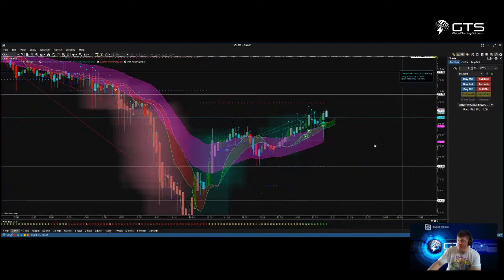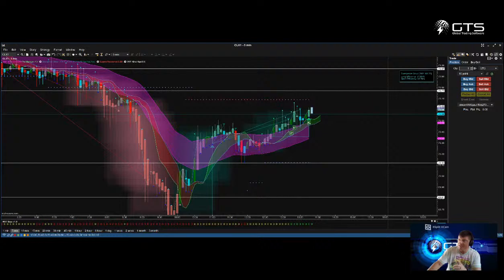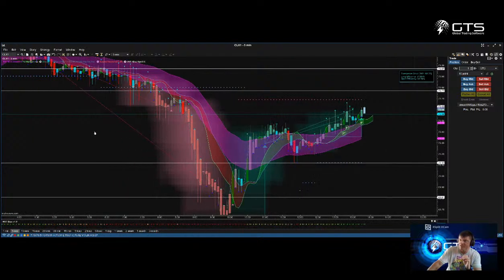That looks great. 4, 5, 6 star on the 5-minute. However, keep in mind, this is the opening range from yesterday. This is yesterday's opening range right here. So expect there to be some resistance right here. Look at all this chop. Or maybe that's today's opening range, and this is yesterday's opening range.